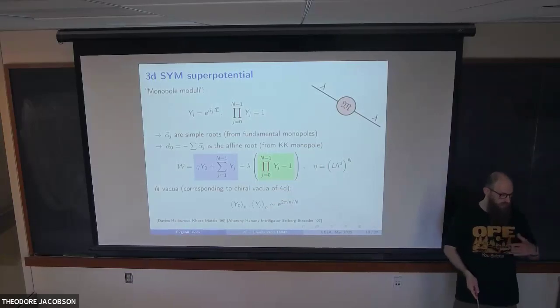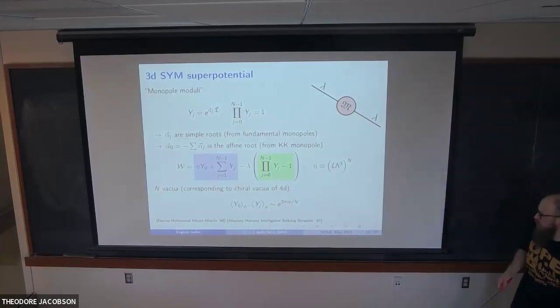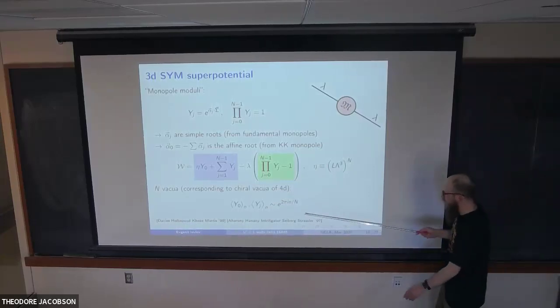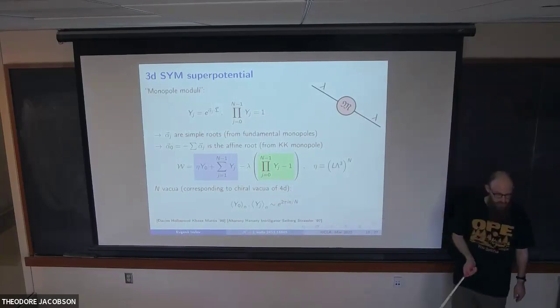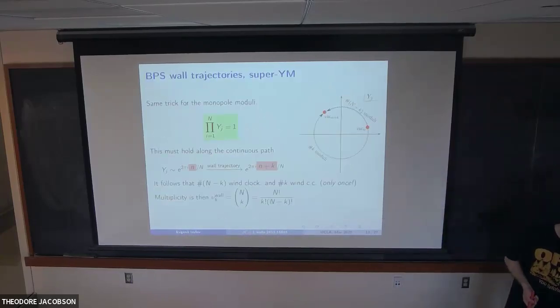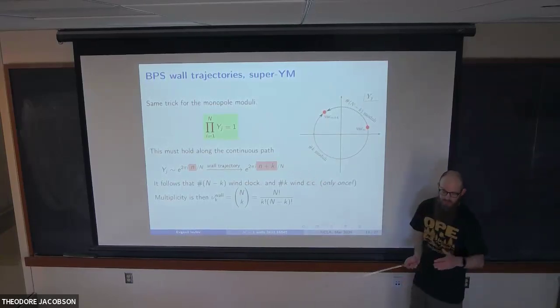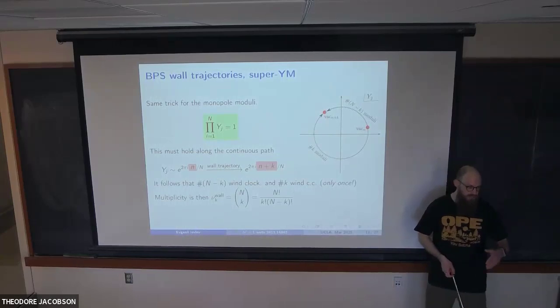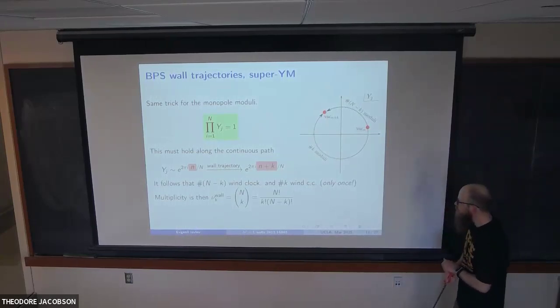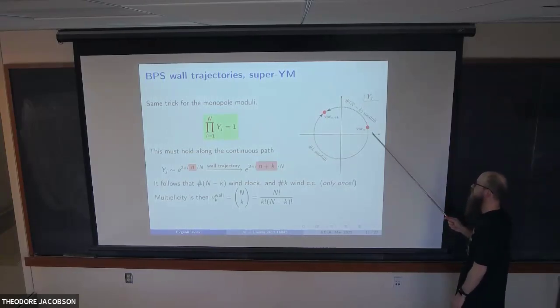And again, as the usual story goes, the extremum points of this superpotential give you the ground states. So you can easily write down the ground states. And again, you can analyze the BPS domain wall trajectories, which you can construct in this case as well.